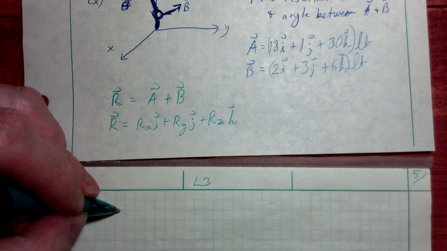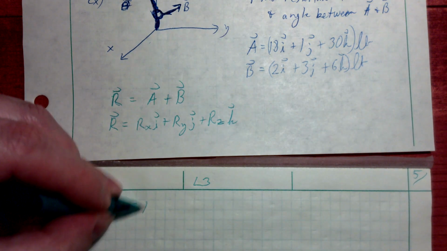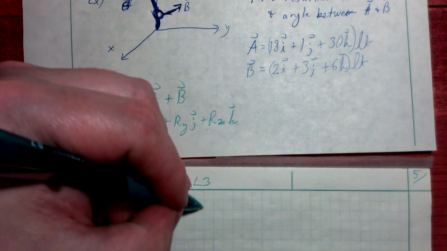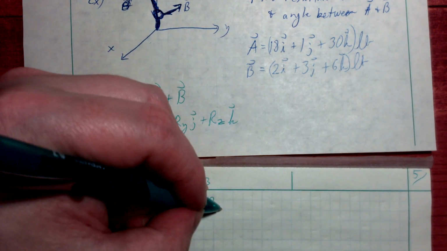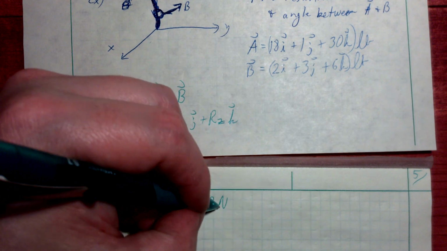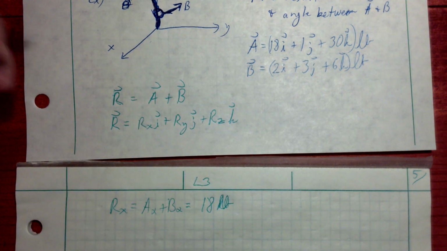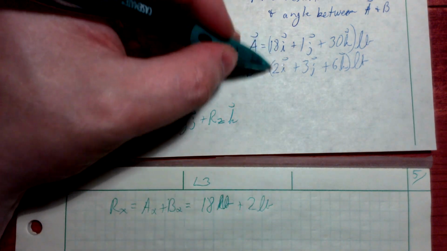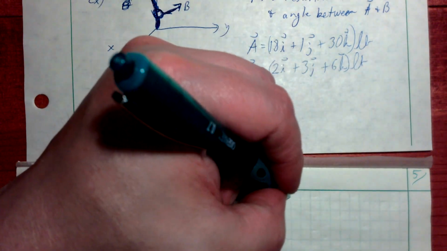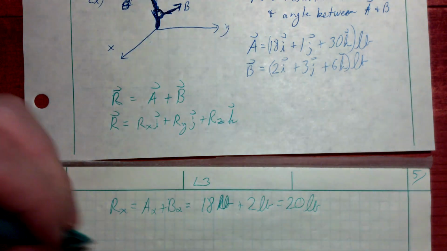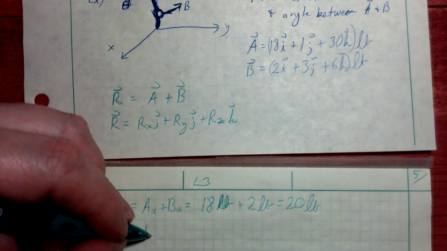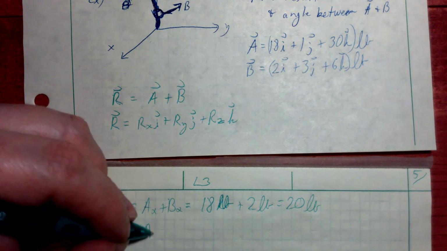So, resultant in the X direction is going to be AX plus BX. That's going to be 18 pounds plus 2 pounds. They're both positive, 18 plus 2, so I'm going to have 20 pounds. RY is going to be AY plus BY.